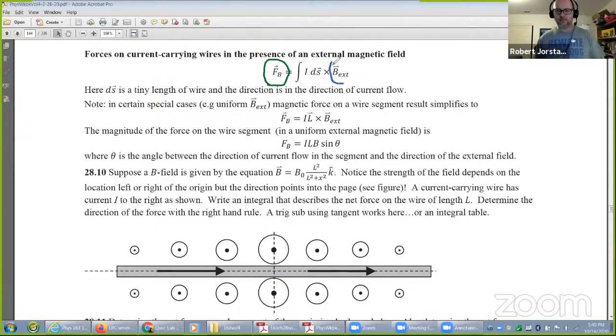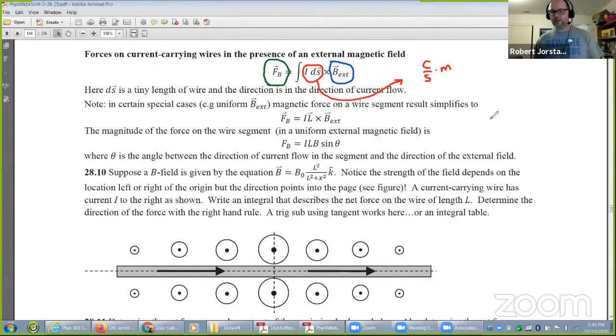It will relate to the external field, and it will also relate to the current. Now, current is not a vector, but I do want to look at the units of this red piece. An amp is a coulomb per second times a meter for the ds.